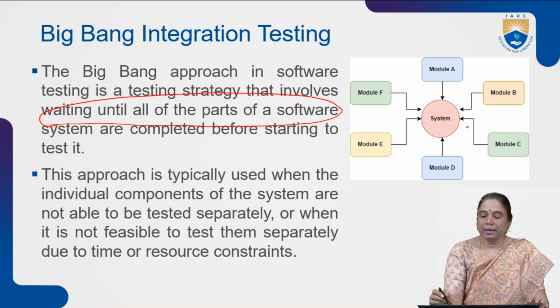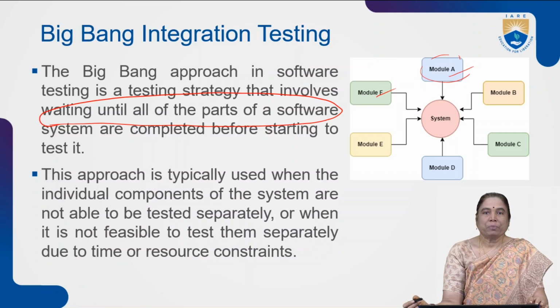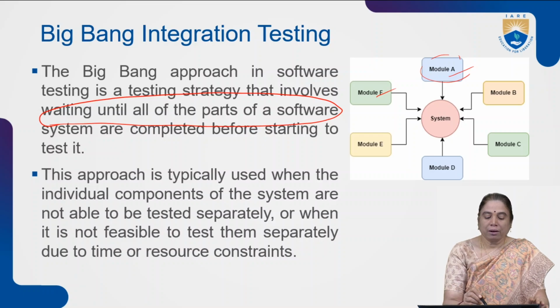Consider modules A to F. Those are independently tested, and once these modules are completed and integrated, only then does the testing strategy commence. This approach is typically used when the individual components of the system cannot be tested separately, or when it is not feasible to test them separately due to resource constraints.